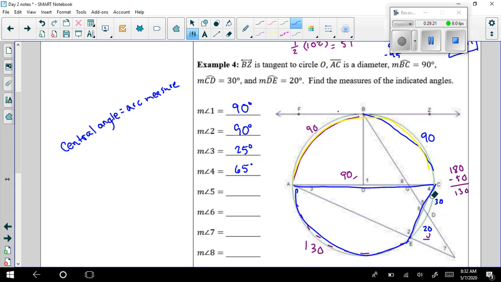Angle 5 is going to be a little bit different because its vertex is inside of the circle instead of on it. So angle 5 is right here.